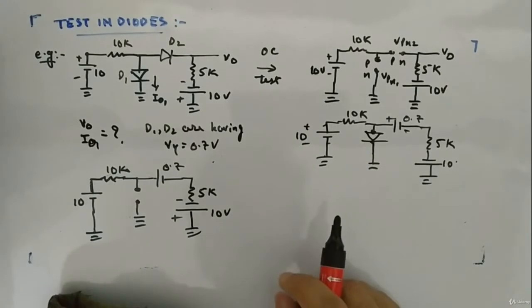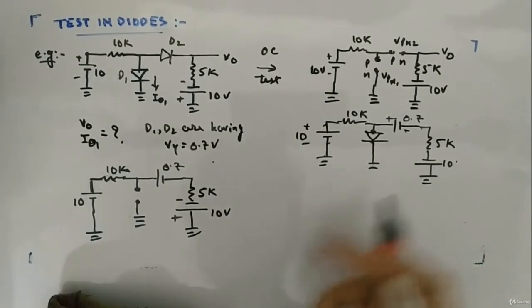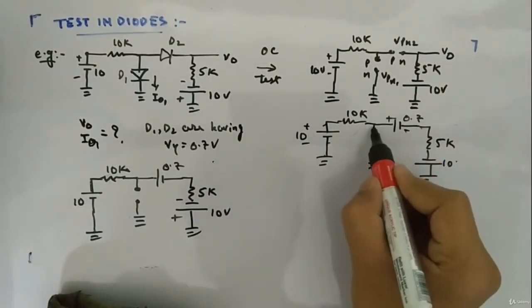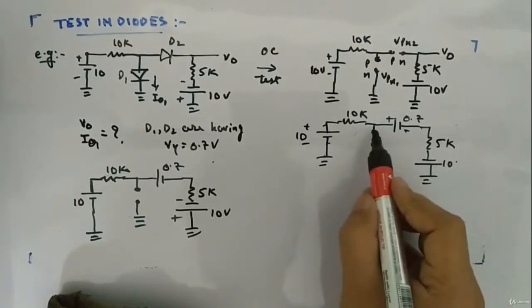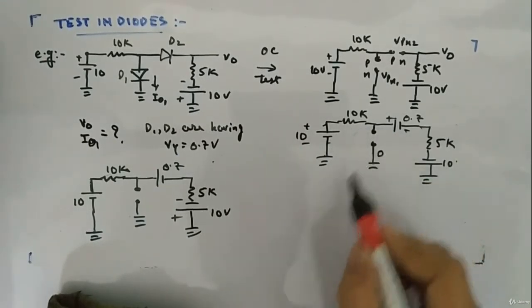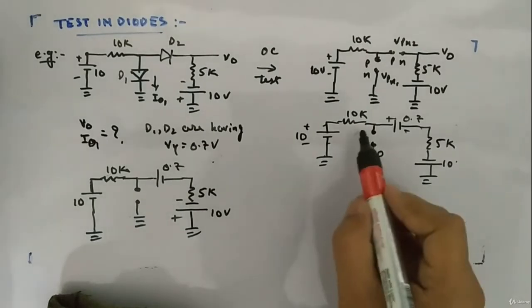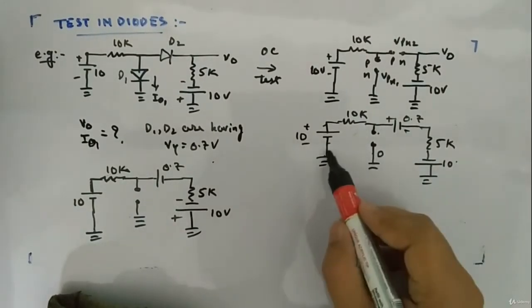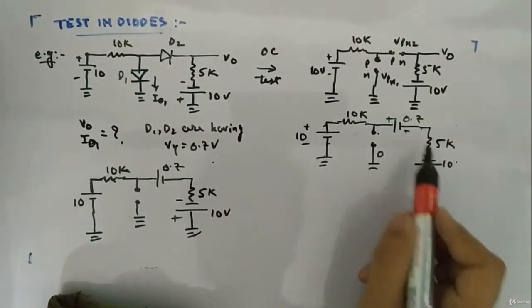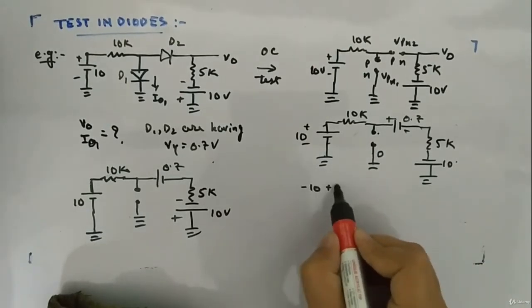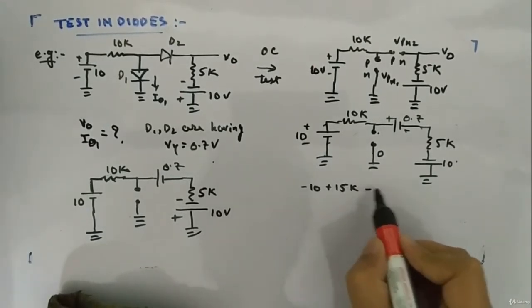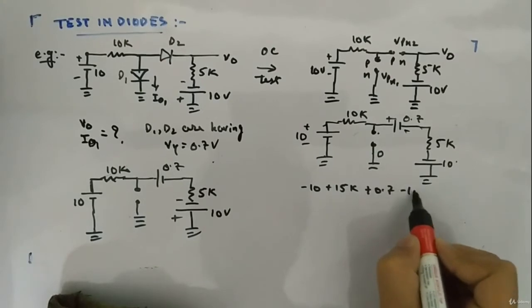Now you check for this diode. You can open it and check the voltage across it. This is connected to 0 volt, and this voltage we don't know. So we will apply KVL in this branch: minus 10 plus 15k times I plus 0.7 minus 10 is equal to 0.